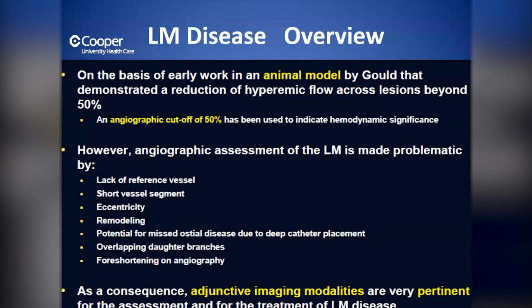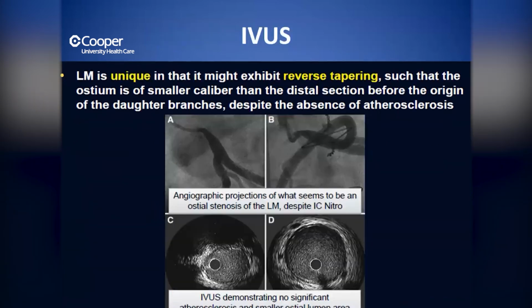In the distal left main, there's always overlapping. Most of the angle where the circ and the LAD come off, they're overlapping at that site. That's why you never see really clear-cut involvement of the disease in the ostia of these two vessels, but it's always there. That's why some other modality in the left main will be necessary.